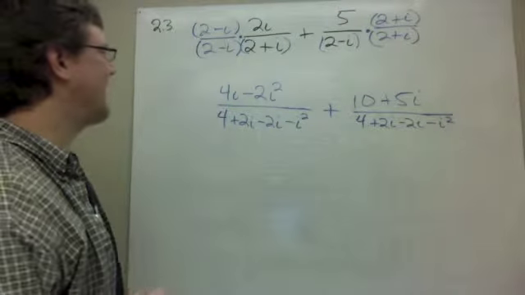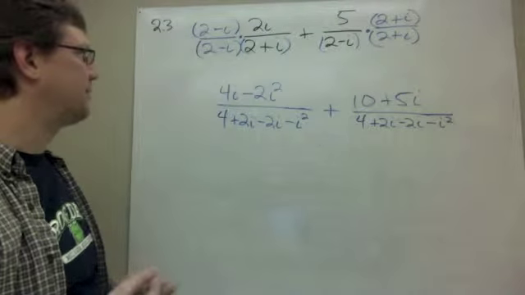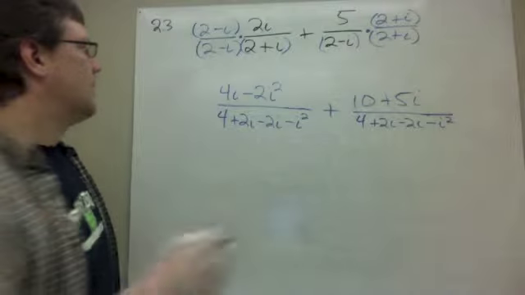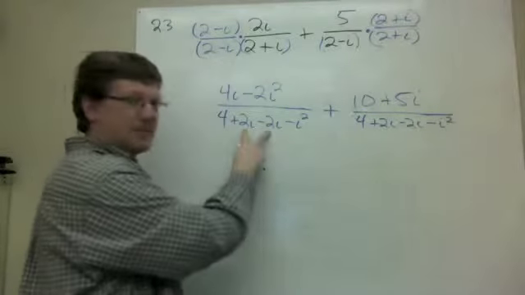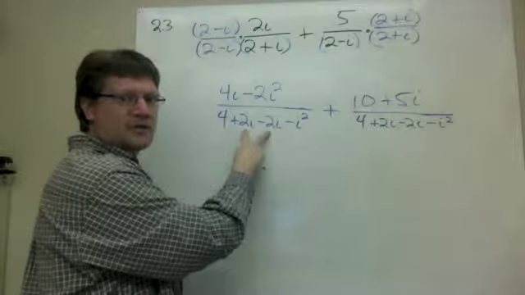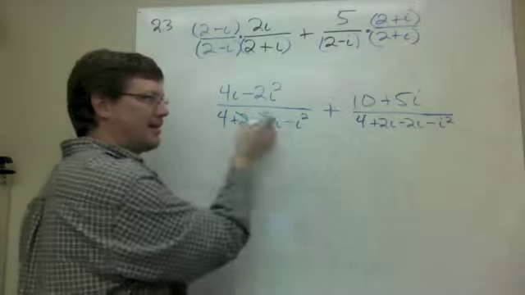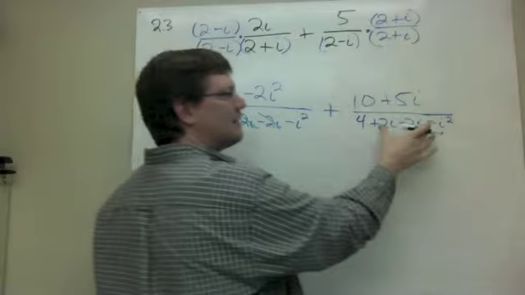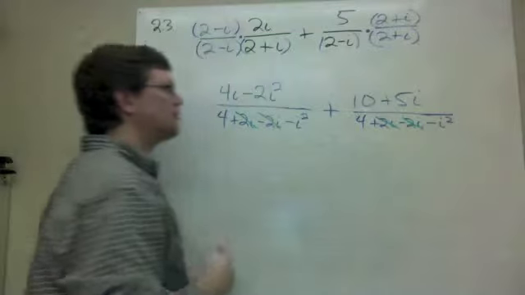Let's take a step back and ask the classic question. Can this be simplified? Okay. All right. The one thing I notice on the bottom, since I've multiplied by complex conjugates, I'm looking for this. I have a plus 2i and a minus 2i. Since we're adding and subtracting on the bottom, those cancel. The same thing here, plus 2i and a minus 2i. So those pieces cancel.